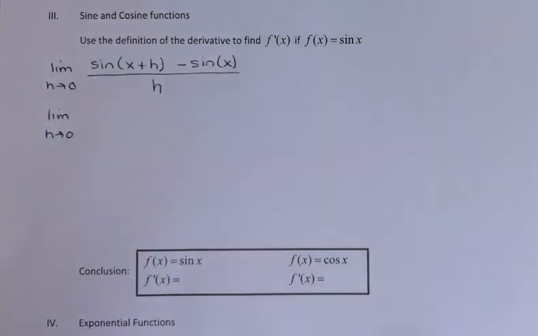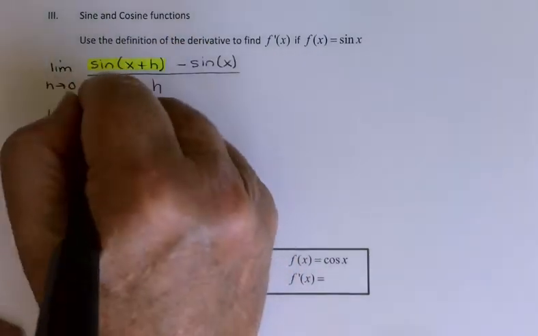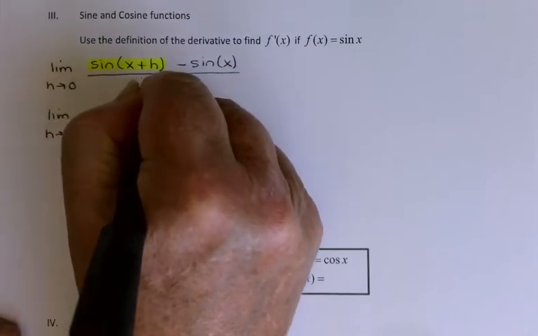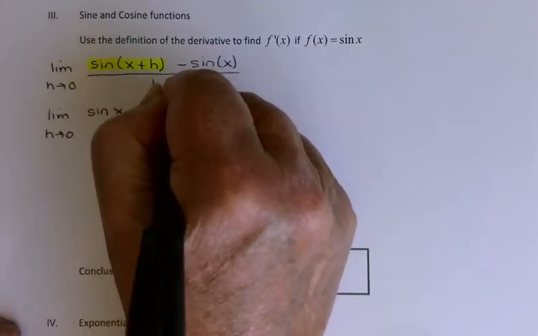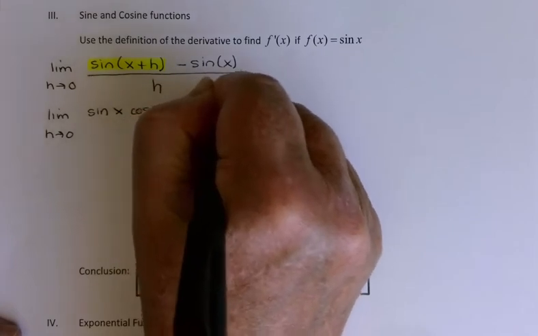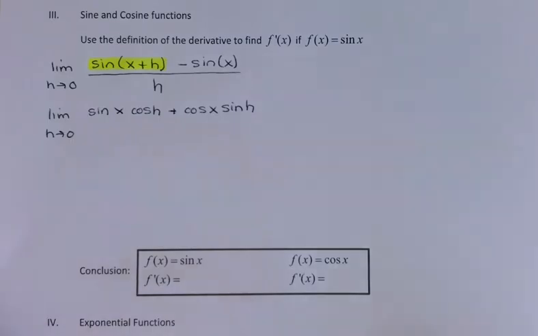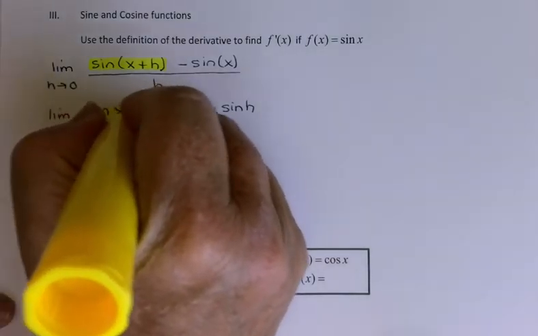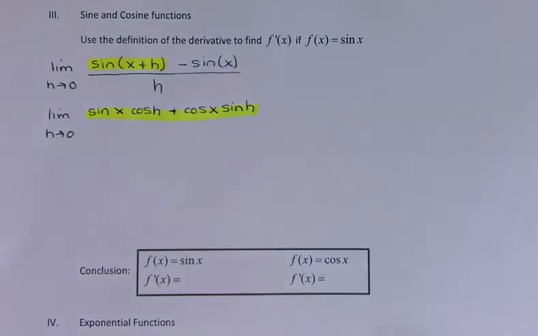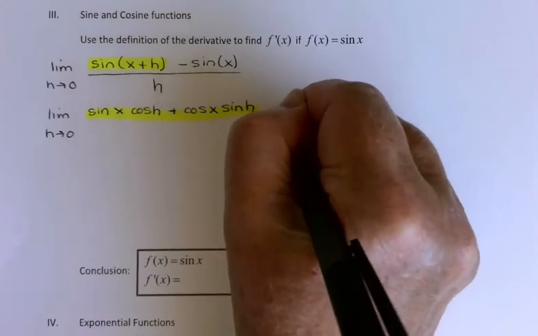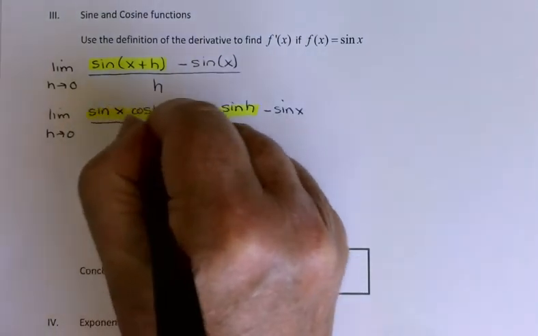And then using the trig identity on the sine of x plus h, I would have sine x cosine h plus cosine x sine h. All right, we'll put in the rest of our difference quotient here, so I'd have a minus sine x, and then the h in the denominator.